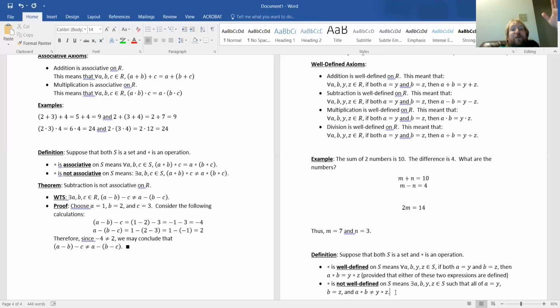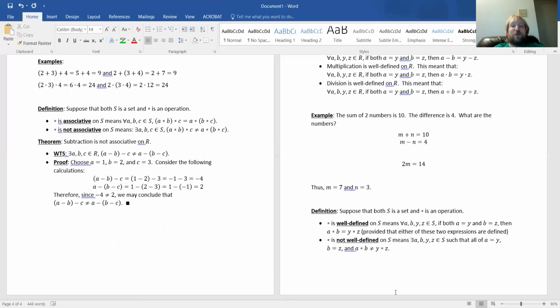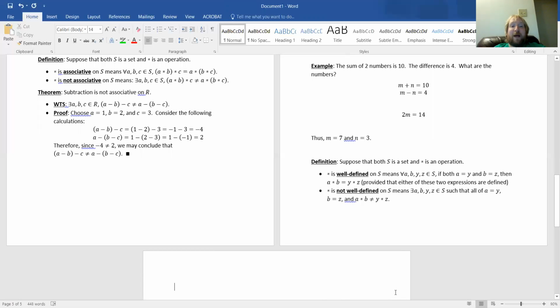Why do we care about this if everything we're familiar with is well defined? Well, it would be wrong to just assume that any operation that you write down is automatically well defined. Here is an example of an operation that is not well defined.